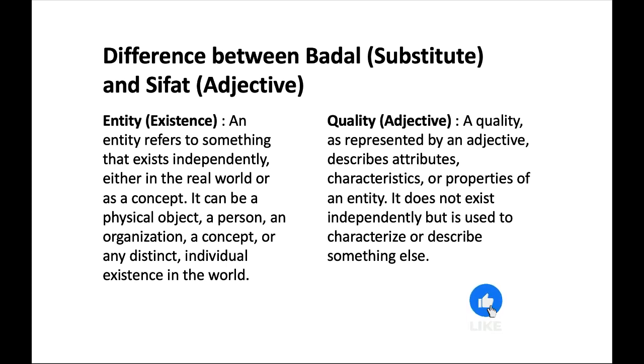On the other side, quality, adjective, sifat, describes an attribute, characteristic, or property of an entity. It does not exist independently, but is used to characterize or describe something else.